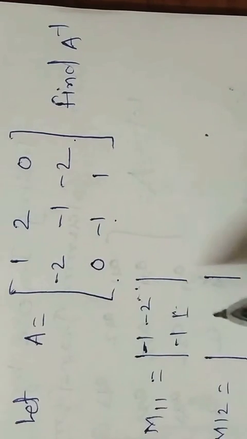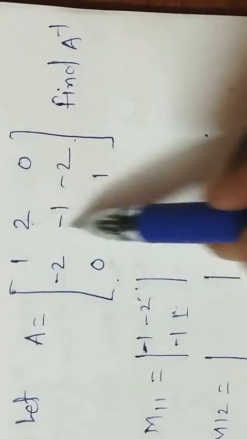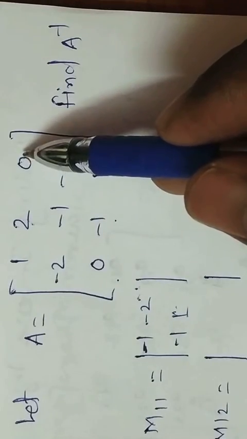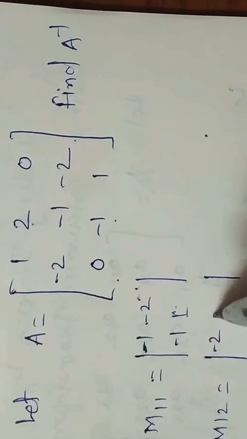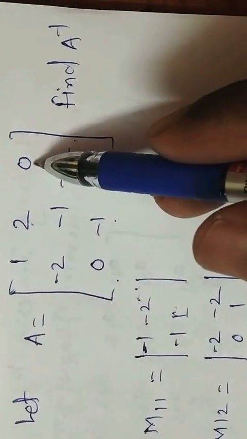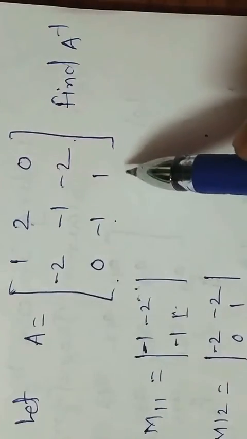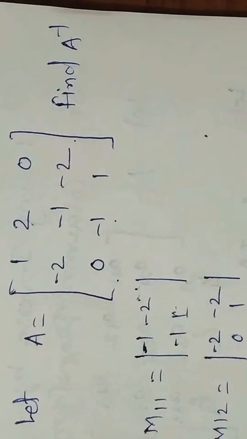Next for this term, M12, again delete the row and column, remaining -2 -2, 0 1. Same for 0, deleting this row and column: -2 -1, 0 -1.